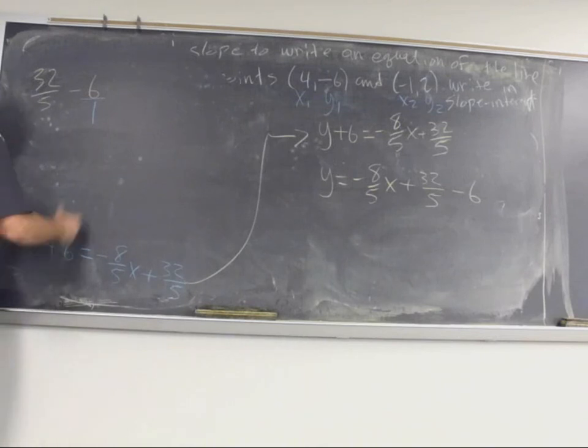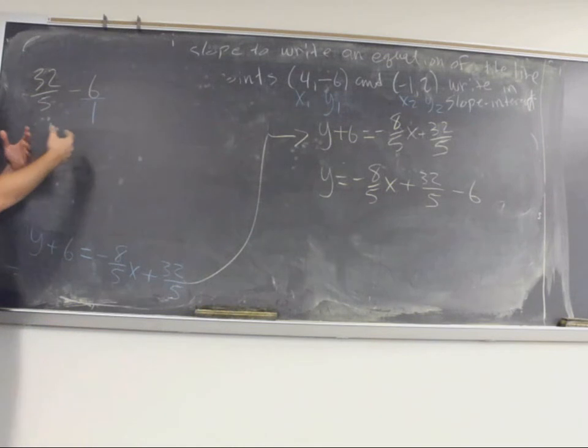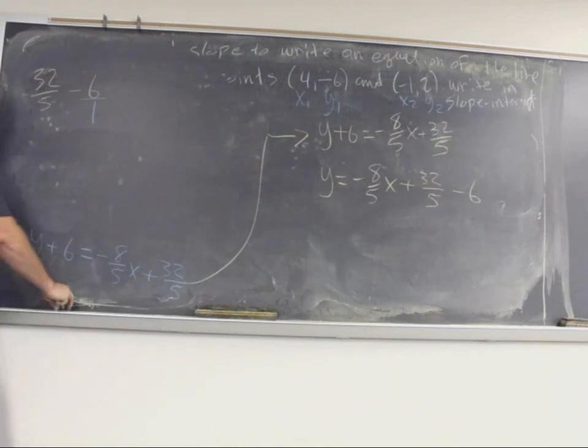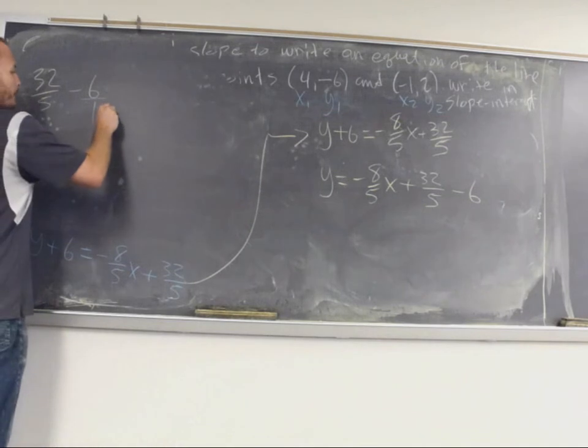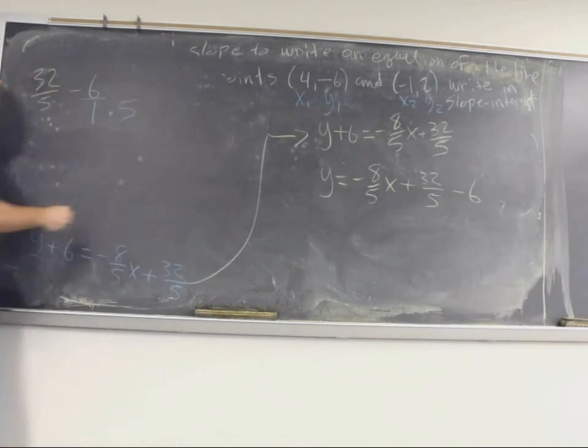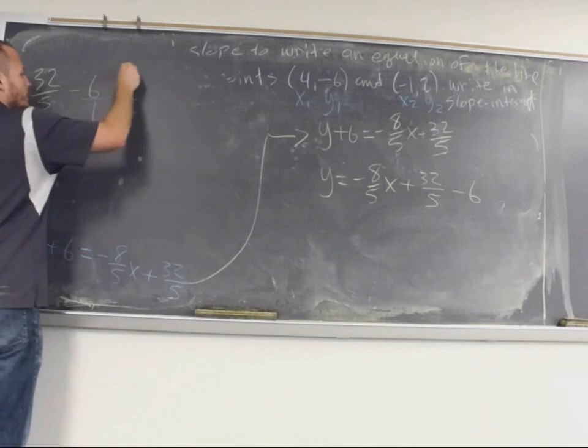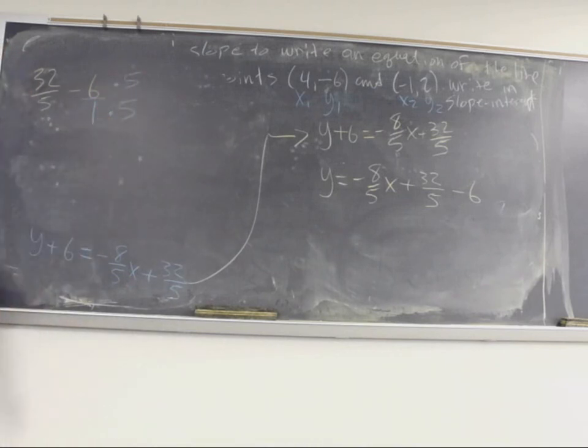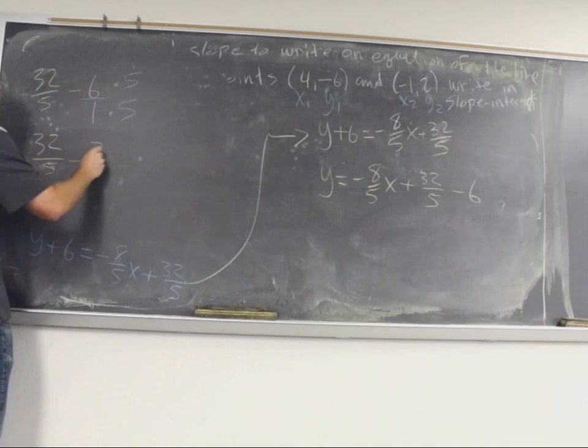So how do I get a common denominator here? How do I make this 1 become a 5? When I say make it, what do I need to multiply it by? 5. So if I multiply the bottom by 5, what I do to the bottom, I have to do to the top. So I multiply top and bottom by 5. And this will square everything up. 32 over 5 minus 6 times 5 is 30.